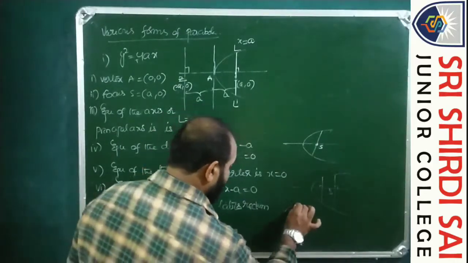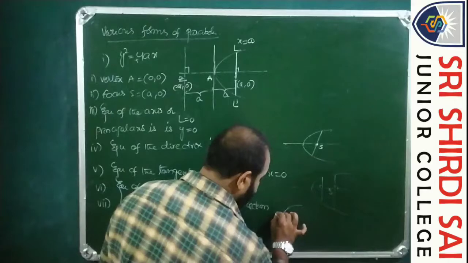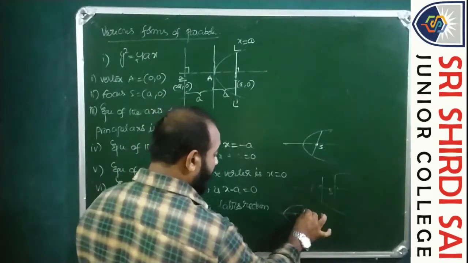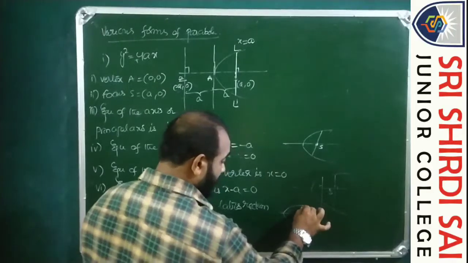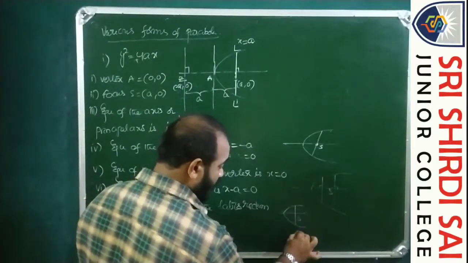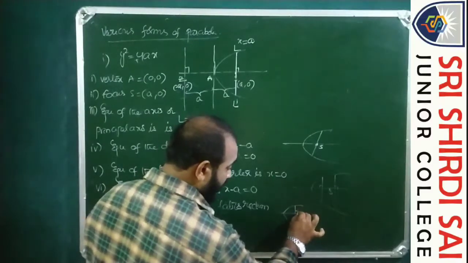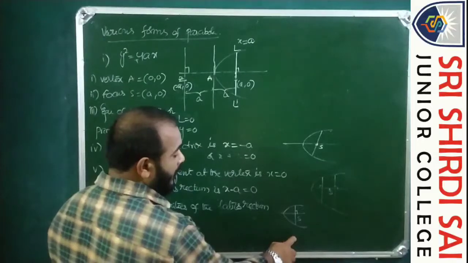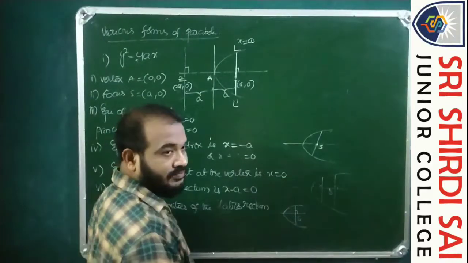That means, for example, this is the parabola, this is the principal axis, and this is the double ordinate. Why double ordinate? Because this is the chord which is perpendicular to the principal axis. The double ordinate passing through the focus.